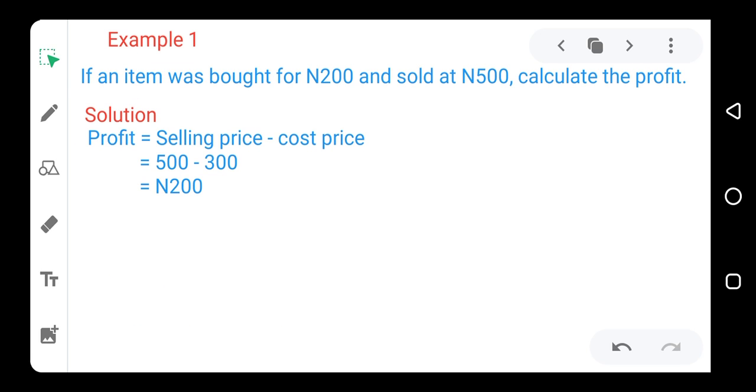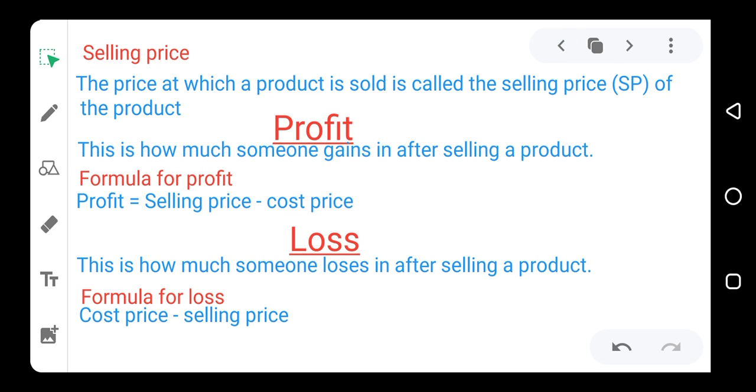Now let's look at loss. Loss is how much you have lost, or how much your money has decreased by when you sell a product. Sometimes we make gain in life, and some other times we lose.